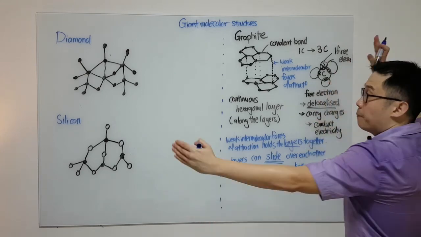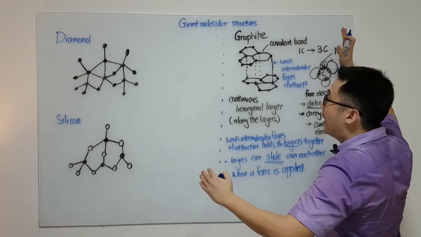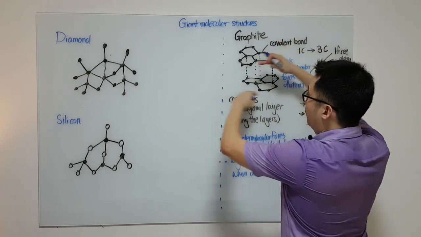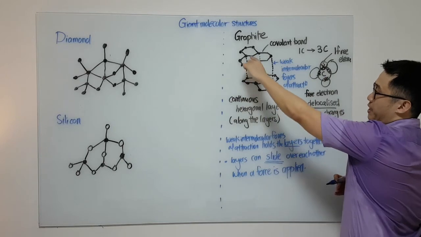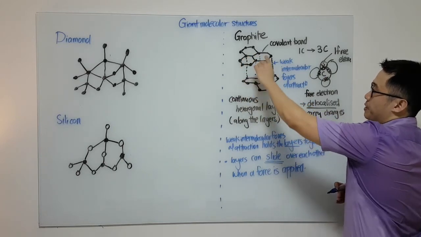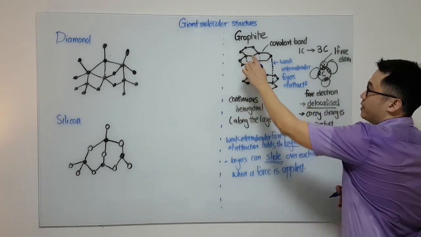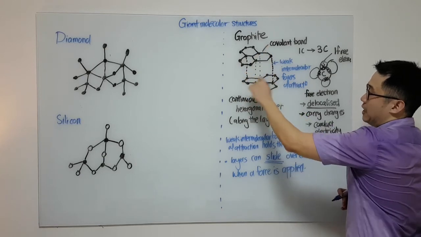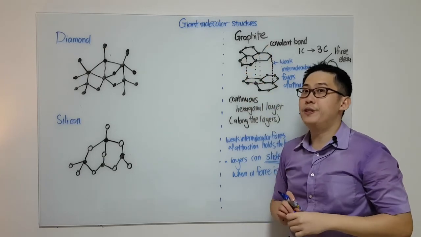So which means if I apply a force, this layer can actually glide over each other. So that's the result of this. You can see that the carbon on the first layer is not exactly aligned directly to the carbon on the second layer.